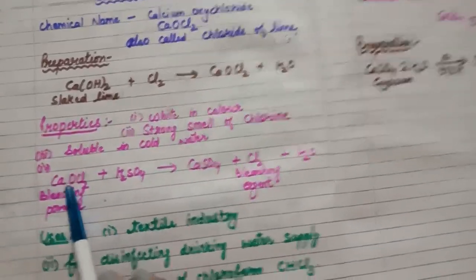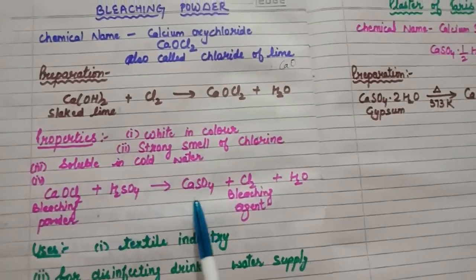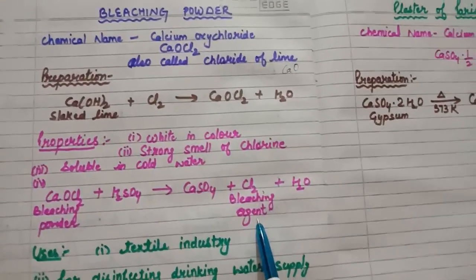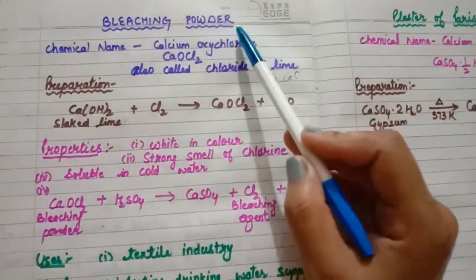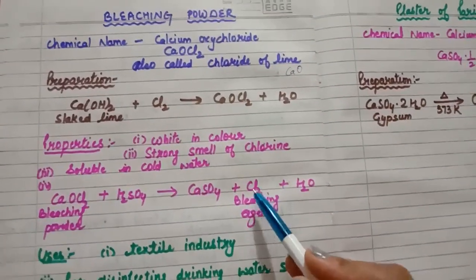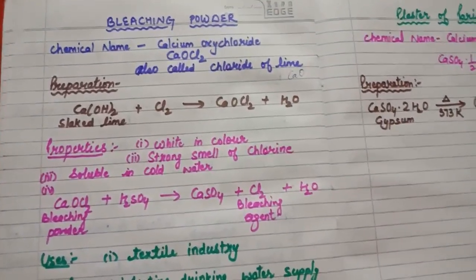Next, fourth, if this bleaching powder is reacted with an acid, it produces chlorine gas, that is our actual bleaching agent in the process of bleaching. So this chlorine gas is the major bleaching agent for bleaching any textile.